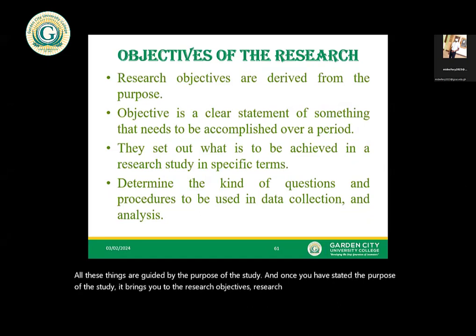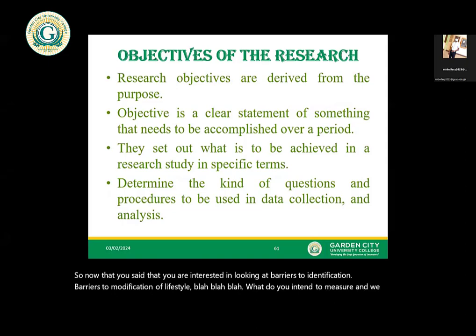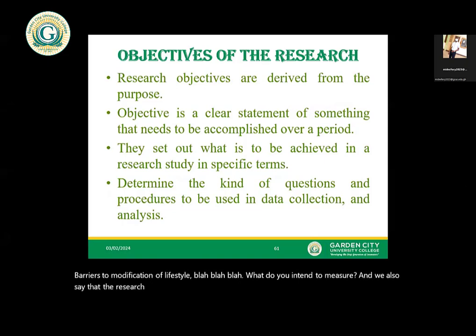So now that you say you are interested in looking at barriers to identification, barriers to modification of lifestyle, what do you intend to measure? We also say that the research objective is derived from the purpose of the study.